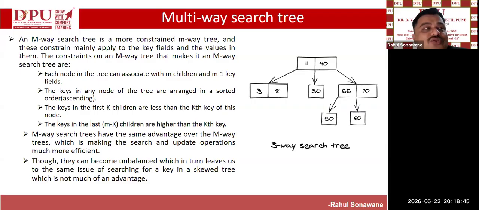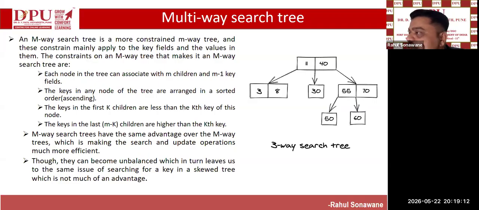Each node in a tree can be associated with m children and m minus 1 key fields. So a node can have maximum m children. Here I have given the example of a three-way search tree. So a node can have maximum 3 children. A binary tree is actually a two-way tree: a node can have two children, two ways to go from a particular node.